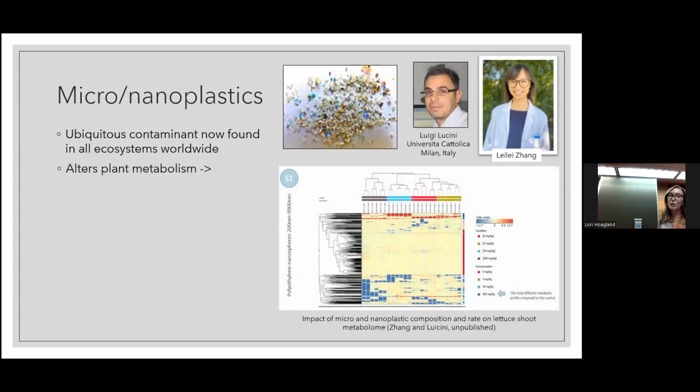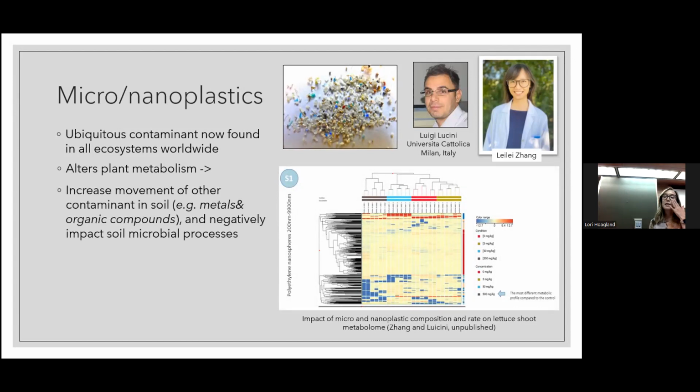These are problematic. We know they can alter plant metabolism. This is some of Lele's work where she's been looking at different types of microplastics and different rates and studying how they're altering the whole metabolome, in this case, of lettuce.